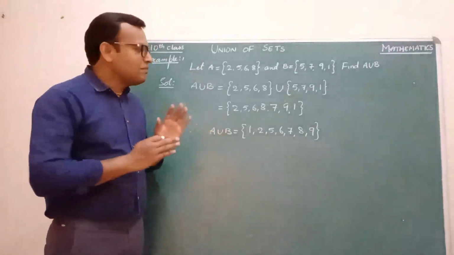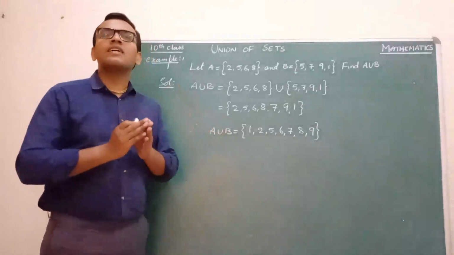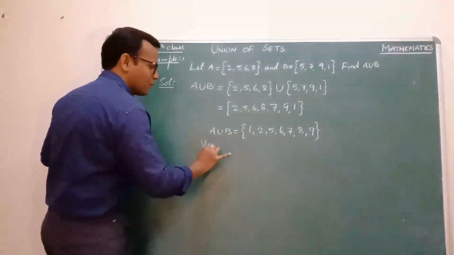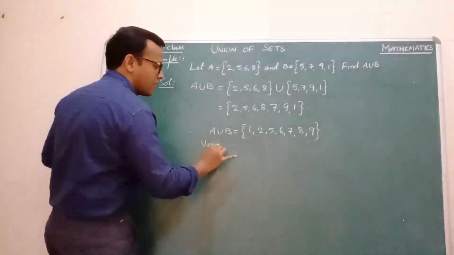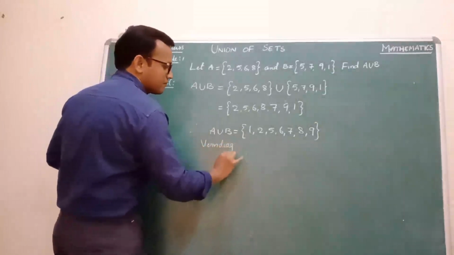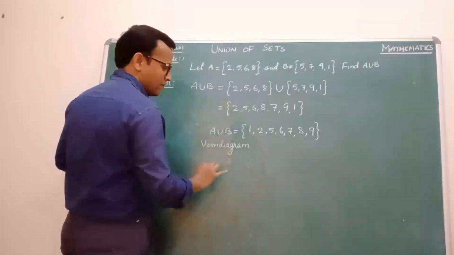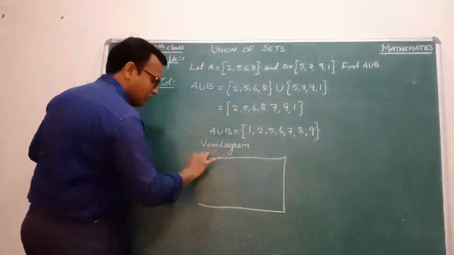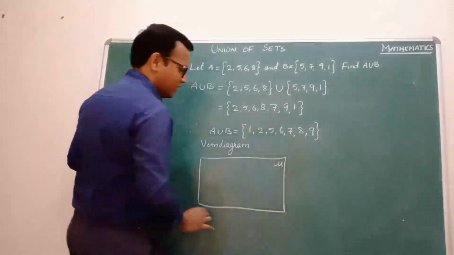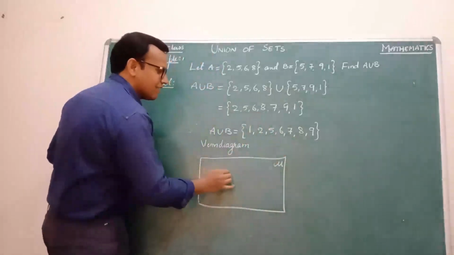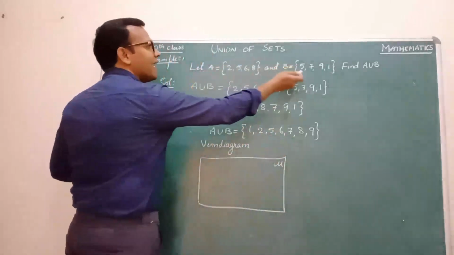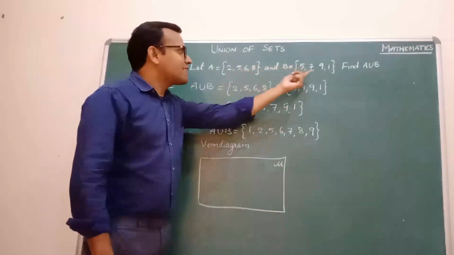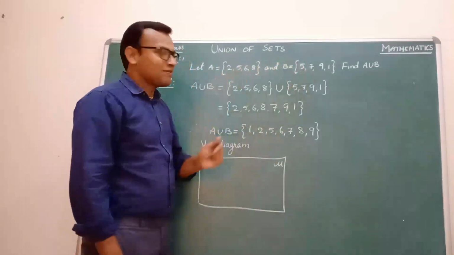Now let me represent the same thing in a Venn diagram. First let us consider the universal set mu, and in that there are two sets A and B. Now see here children, in set A and set B there is an element common, 5.